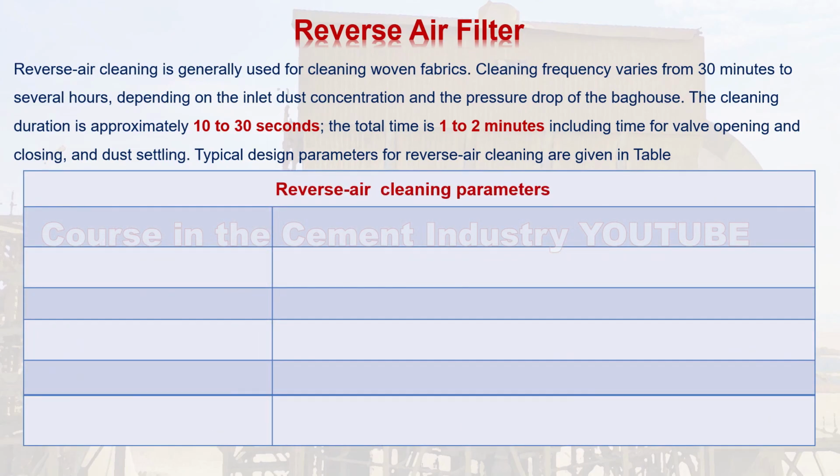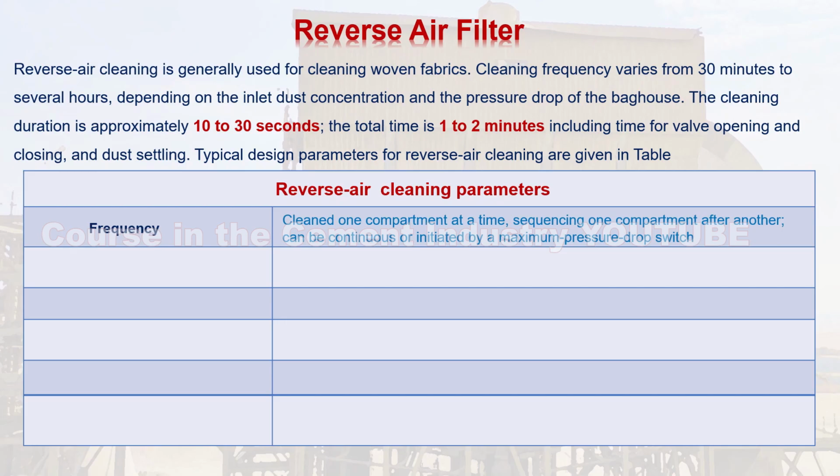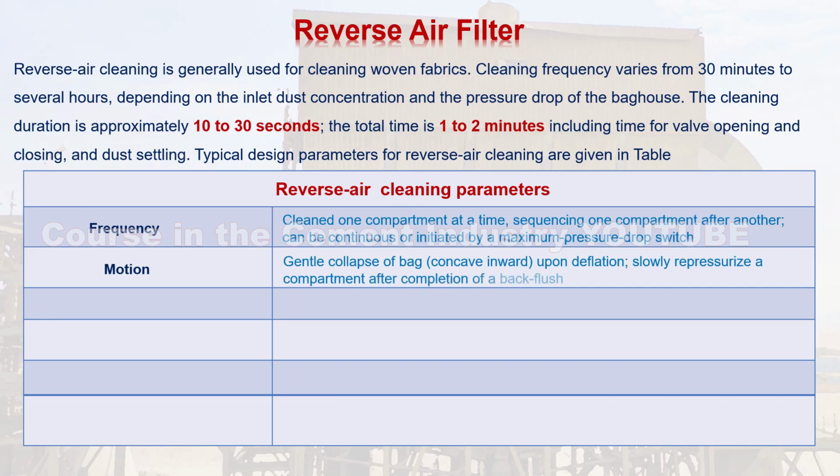Reverse air cleaning parameters. Frequency: cleaned one compartment at a time. Sequencing one compartment after another can be continuous, or initiated by a maximum pressure drop switch. Motion: gentle collapse of bag, concave inward, upon deflation; slowly repressurize a compartment after completion of a backflush. Operation mode: compartment taken off stream for cleaning.